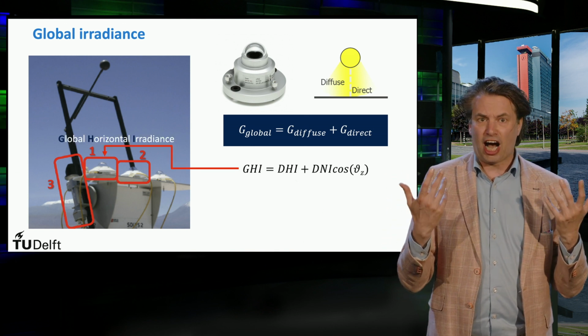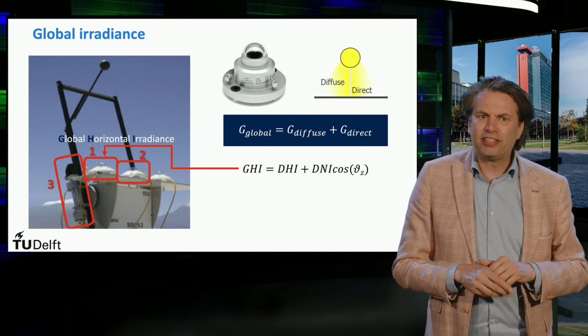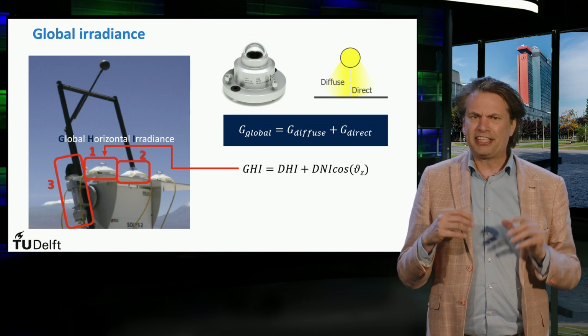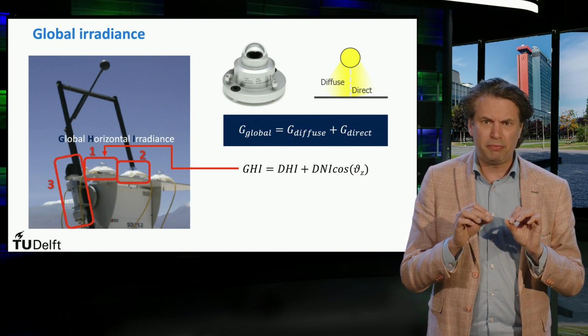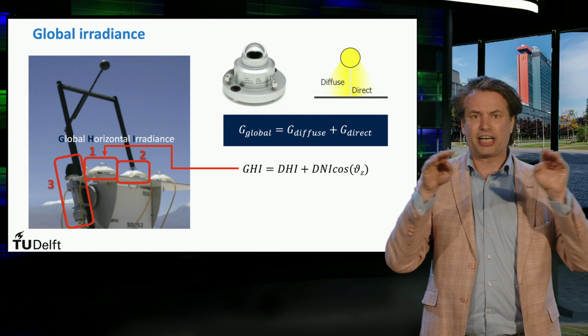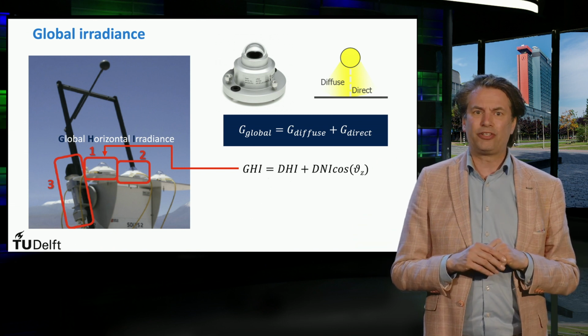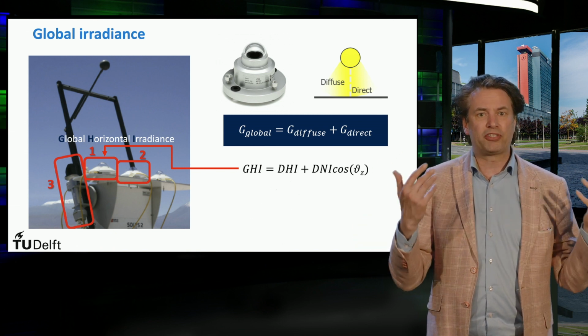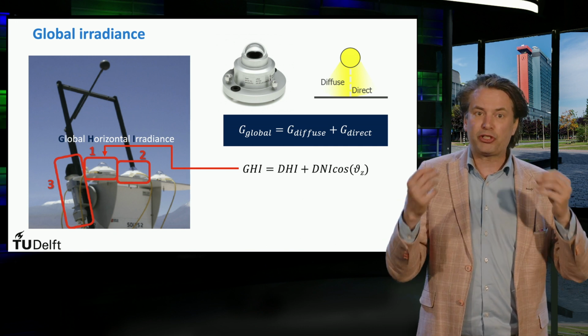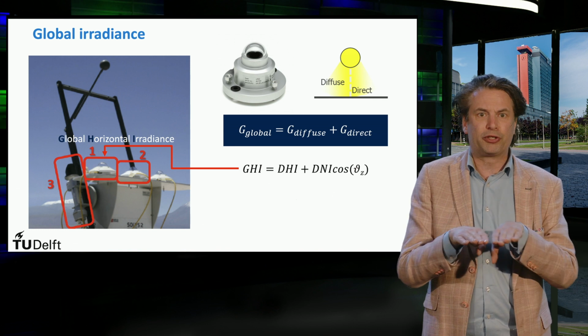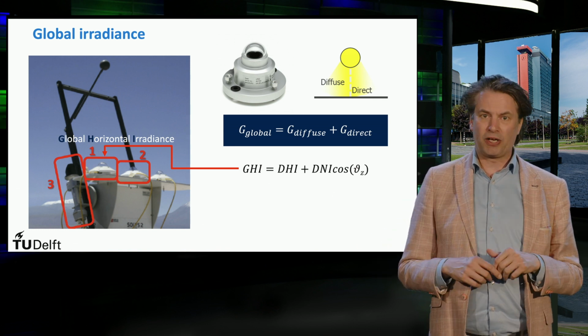The GHI is measured with the pyranometer over here, and it's called the global horizontal irradiance because the pyranometer has a very large field of view, so it can get the horizon and the whole hemisphere on top of it.